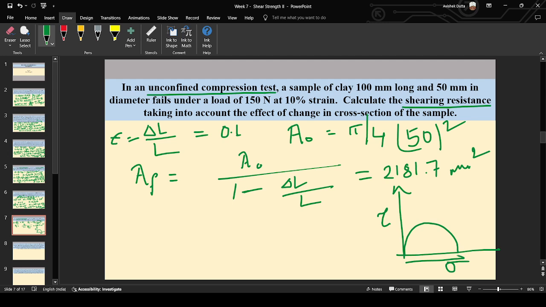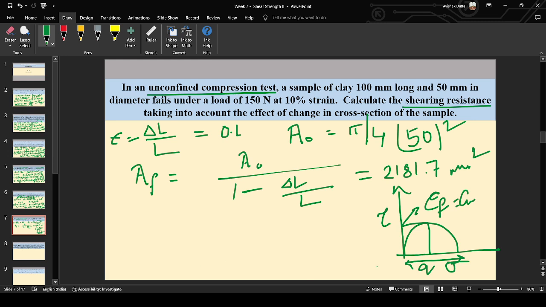So this is the value of Q. There is the normal stress at failure. This is the UCS or the compressive strength, and this is the radius. This is the maximum shear strength, or this is the shear strength of the soil. So this is half, and since it is performed on saturated clays, phi equal to 0, so tau f equal to Cu, undrained cohesion. Okay, this is the shear resistance.